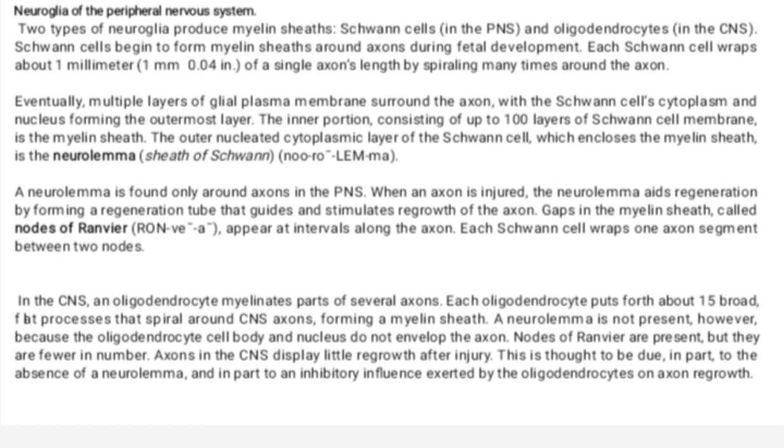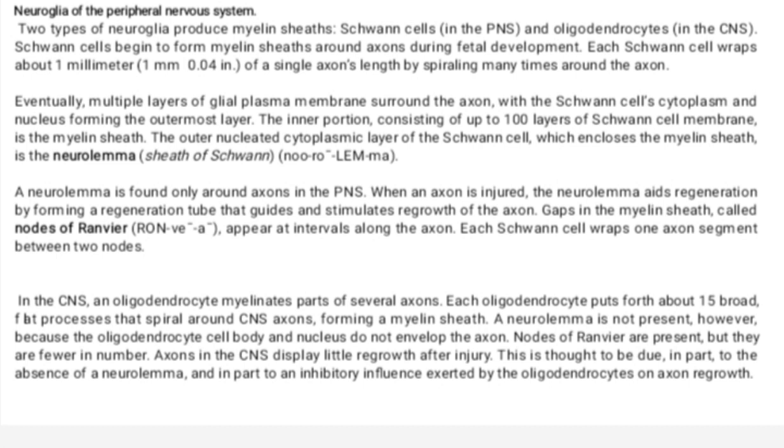Eventually, multiple layers of glial plasma membranes surround the axon, with the Schwann cell's cytoplasm and nucleus forming the outermost layer. The inner portion, consisting of up to 100 layers of Schwann cell membrane, is the myelin sheath.